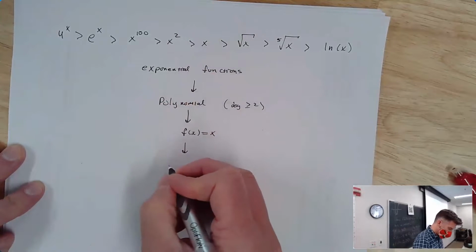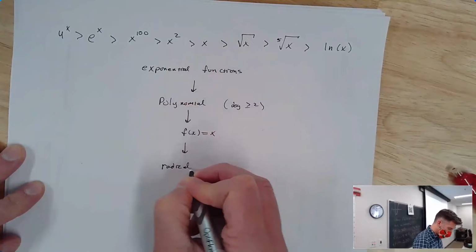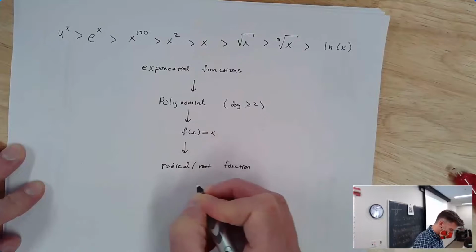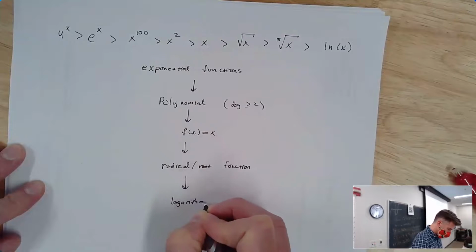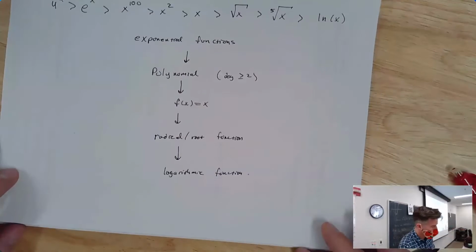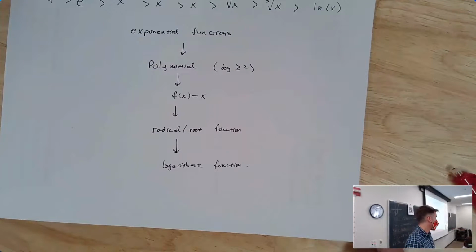Dominate radical functions or roots. Dominate logarithmic functions. So even the 1000th root of x will eventually grow faster than any logarithm of x.